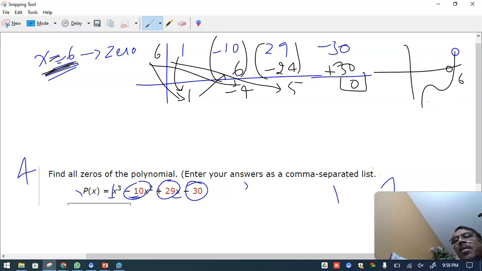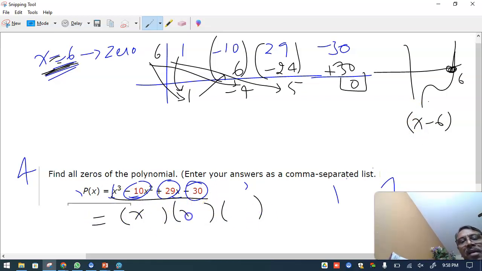It means the graph really goes through 6. So x minus 6 is one of the factors. So this one we need to factorize into factors x and x and x. So we need to know one of them is 6, and they want to know what the other ones are. Now, before even factorizing, one of the factors is this, and the other one is a quadratic.